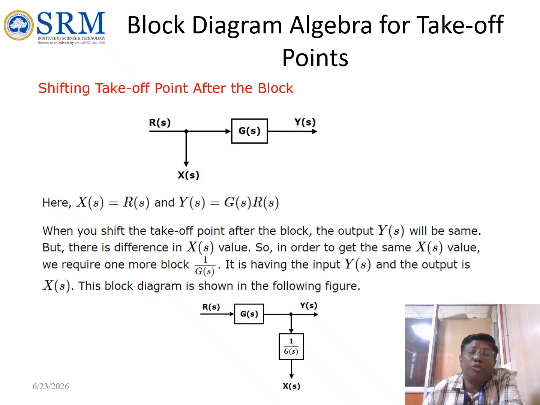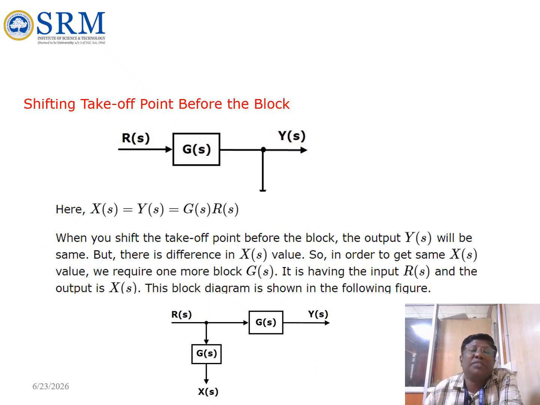The block diagram is shown in the following figure. So shifting it to here, if you are replacing this block, we will be getting the same output in Y(s). So shifting the takeoff point before the block. X(s) into Y(s) into G(s), and if you are replacing it here with G(s) and taking from here and here.